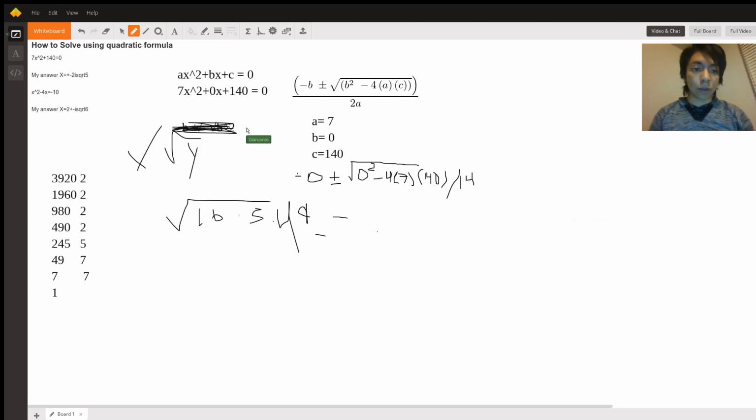Let's write it down here: 28 square root of 5 divided by 14, which is going to be 2 square root of 5 i, because it's a non-real answer. And that is our answer, basically.